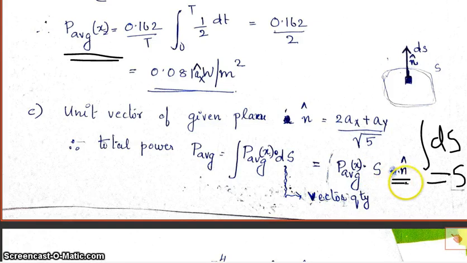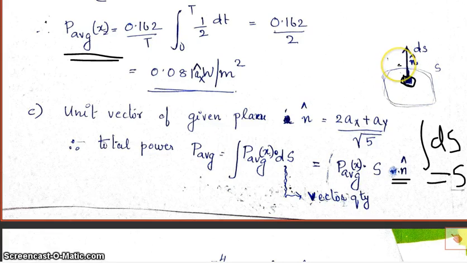a unit vector. You can see one more term, a unit vector, because in the first module I told you that if you are considering a surface or a plane, whatever it is, and if you take a small area ds across that surface, then that ds will be pointing perpendicularly outward to that surface.